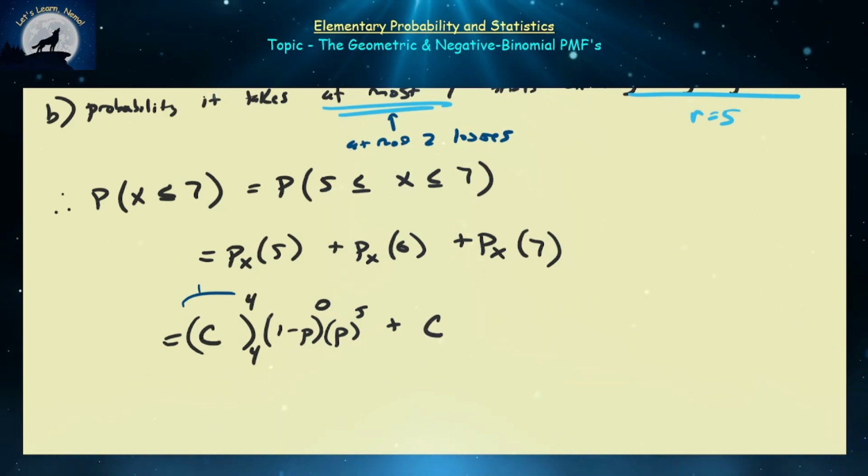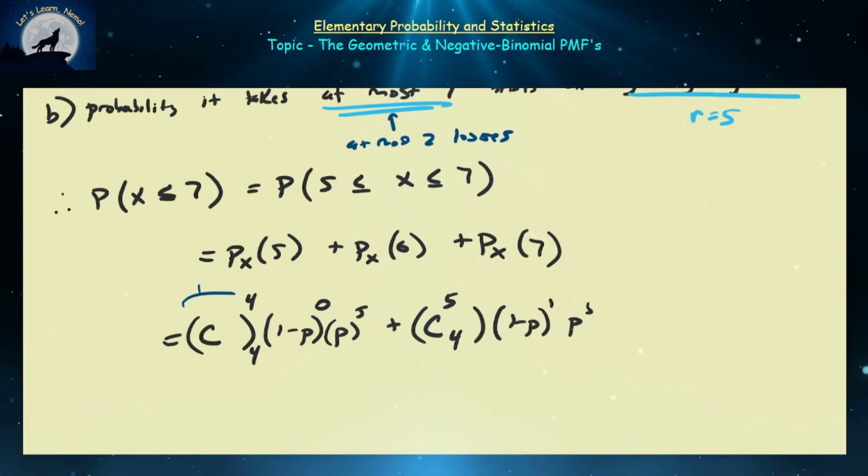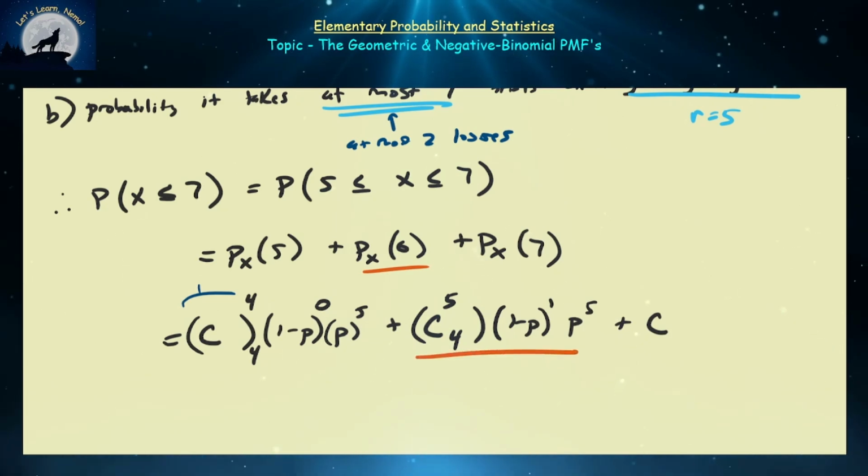Right? So when we go to trial 6, that means 5 trials are going to be rearranging 4 successes within them. We're going to have 1 failure in that sequence, and we're going to have 5 successes within that sequence of 6. And then when x is equal to 7, we're going to have 6 trials that are going to be rearranging, because the 7th is always going to be a success.